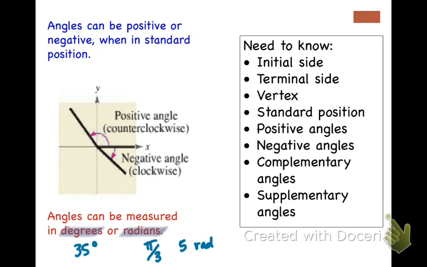When do we have a negative angle? And then the last two are the complementary angles and our supplementary angles. Now, if you remember from geometry, these are geometry terms. Our complementary angles are always going to be two angles that add to 90.